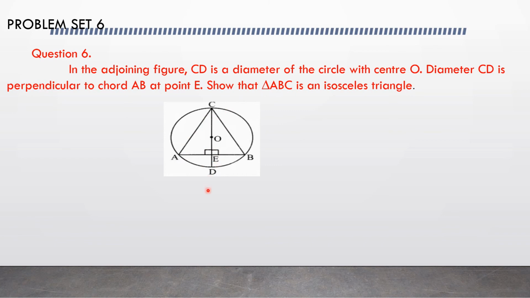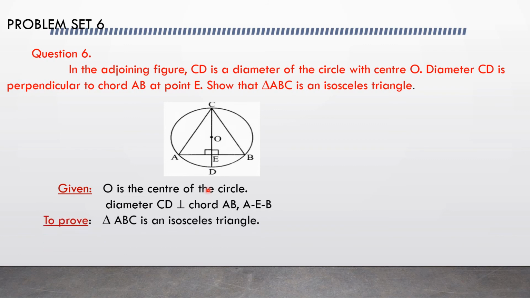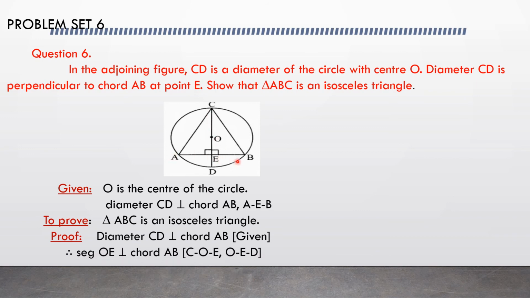First write the given: O is the center of the circle and diameter CD is perpendicular to chord AB, A-E-B. To prove: triangle ABC is an isosceles triangle. And proof. Diameter CD perpendicular to chord AB is given, and therefore segment OE is also perpendicular to chord AB, because C-O-E and O-E-D are on the same line.